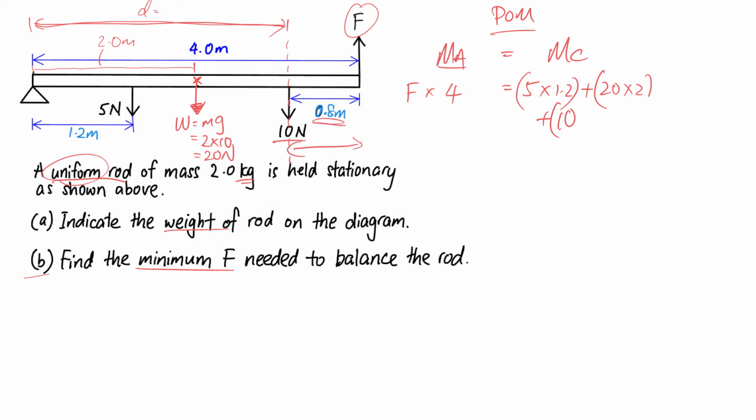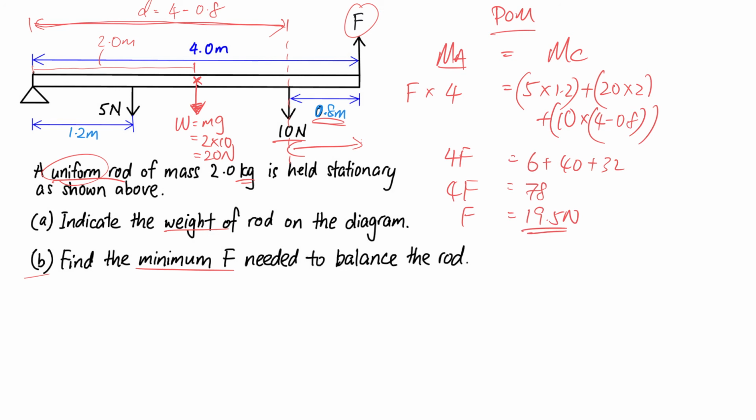So to find this distance, that will be 4 meters minus 0.8. So let's put it in here, 4 minus 0.8 over here. If you work it out, 4F equals 6 plus 40 plus 32. And this 4F will be 78, and therefore you have F equals 19.5 Newton in order to balance the rod.